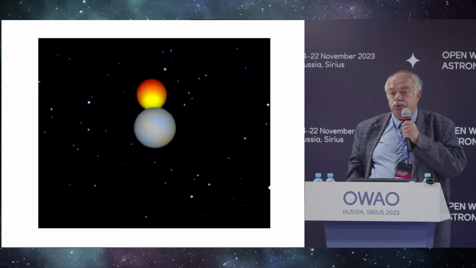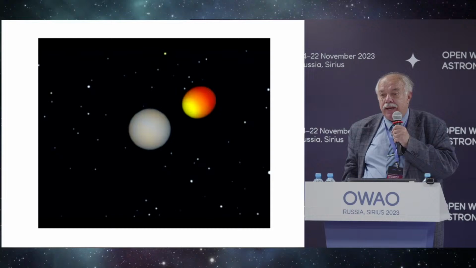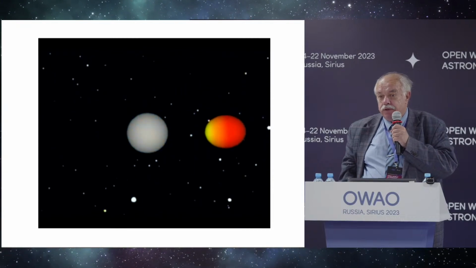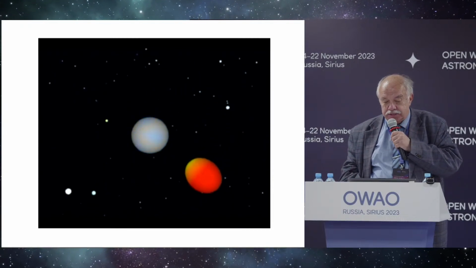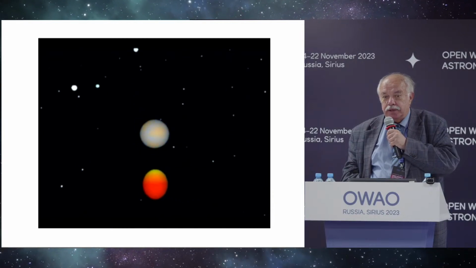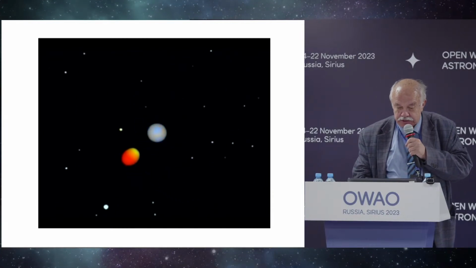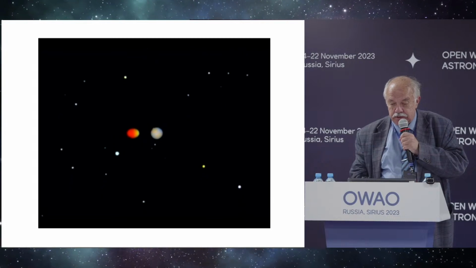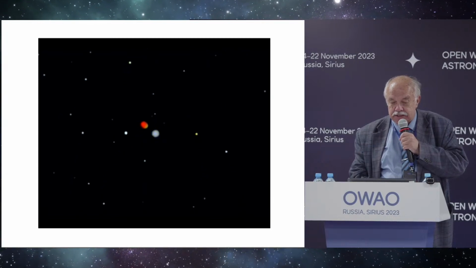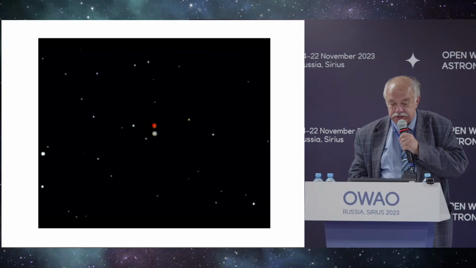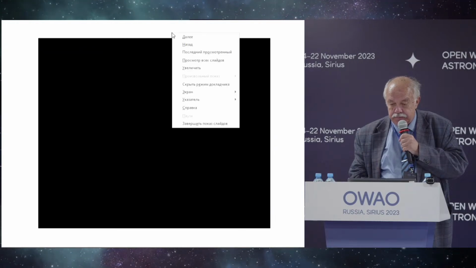So we have a zoo with many species of astronomical animals, and they show brightness variations that we can detect and measure and study and find astrophysics behind them.